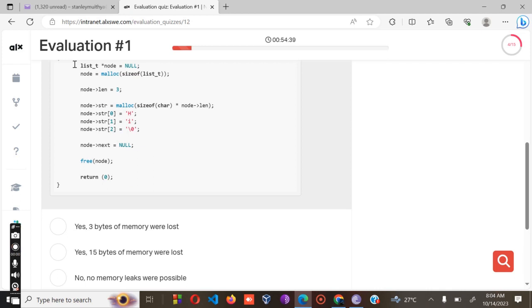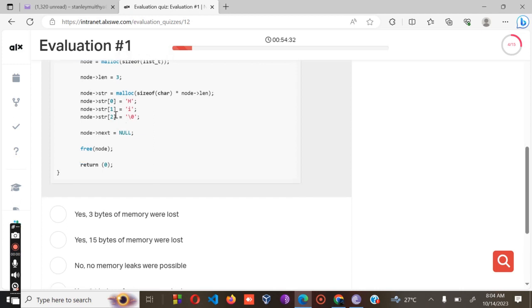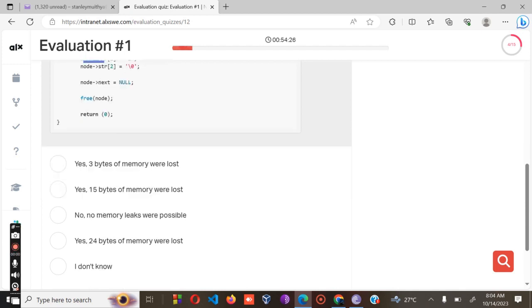Then we have node line 3, and then we have this one node. Okay, the correct answer for this one is supposed to be yes, and the number of bytes lost is 3.